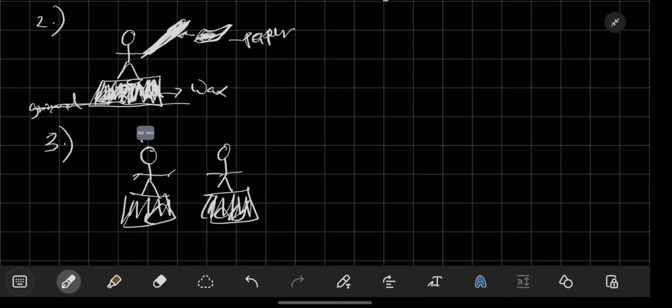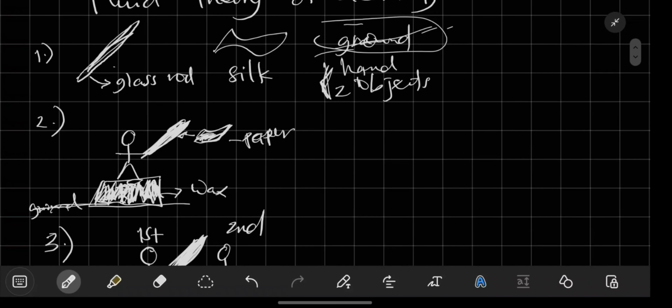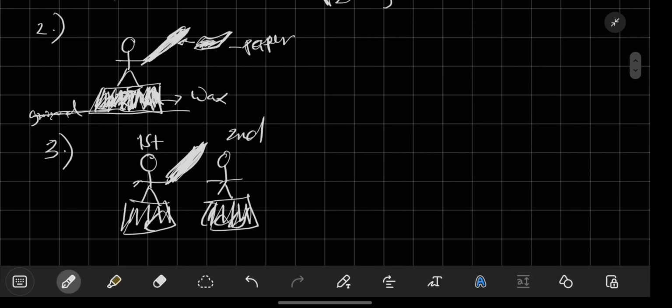And then, this first person is holding again a glass rod, and then after rubbing a silk to the glass, okay, there is a charge here, coming from the silk and the glass rod. And then, this second person holds the glass rod, and then the paper was attracted again by this second person.